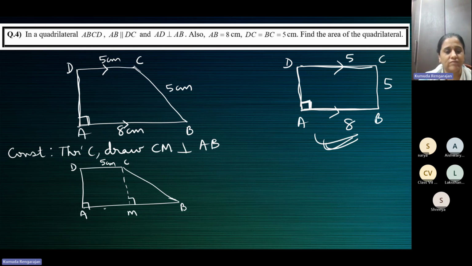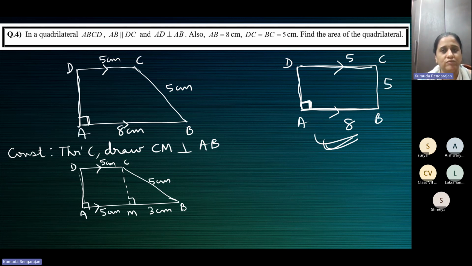So now this is also 5, right? Then how much is MB? 3 centimeters. Draw CM perpendicular to AB. Now this one becomes a rectangle, and opposite sides will be equal.